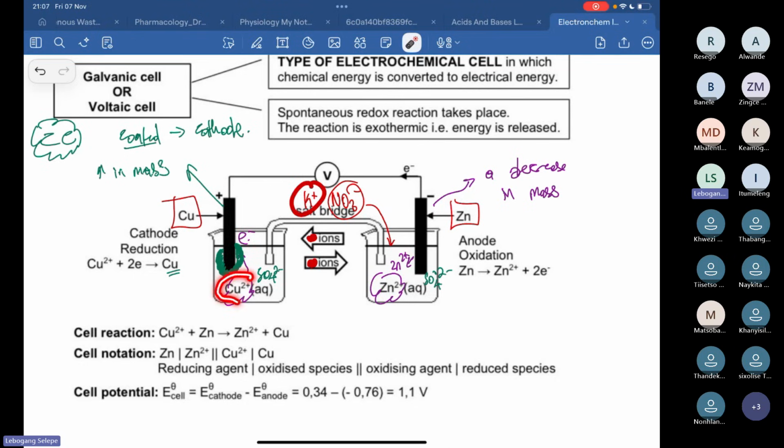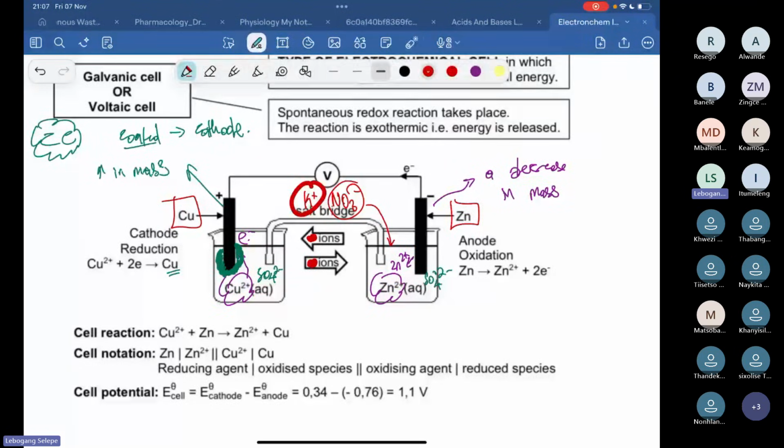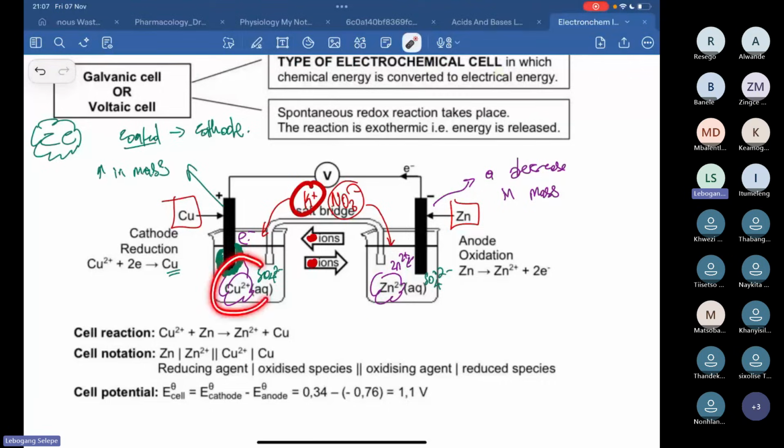So the number of Cu2+ ions is decreasing. So we would have more of the negative ions than the positive because we keep on losing the positive. So this solution would become more negative as the cell operates, but we don't want that. That's why we have the salt bridge, which will send positives in here to neutralize the negativity, right? That's how the salt bridge actually works.